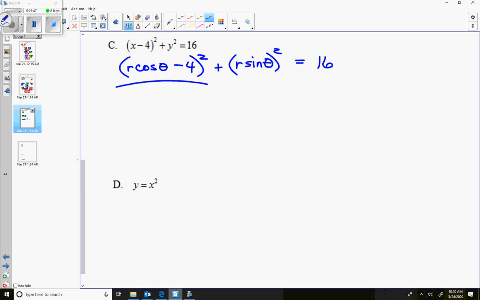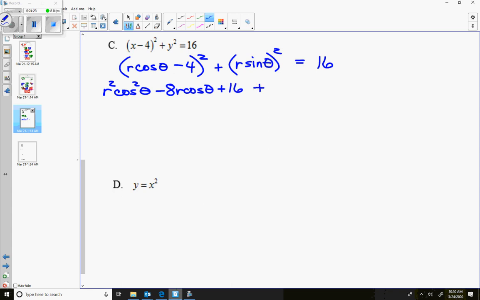But now, right here, I've got a binomial being squared. Binomial squared will expand as a perfect square trinomial. So, we get r squared cosine squared theta minus twice their product, which would be 8 r cosine theta, plus the last term squared, 16.